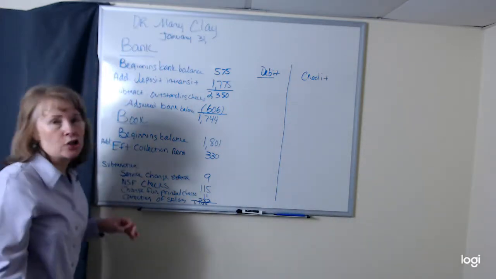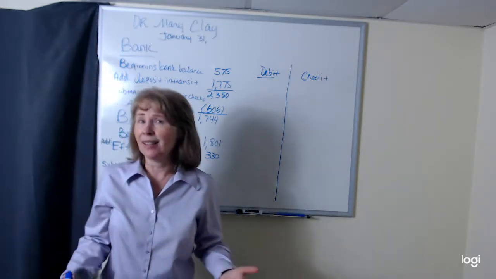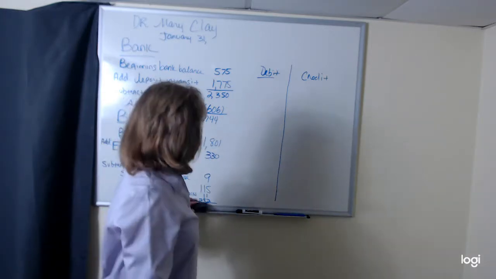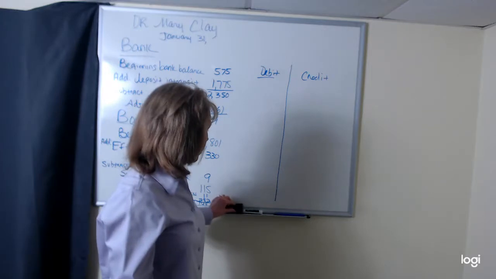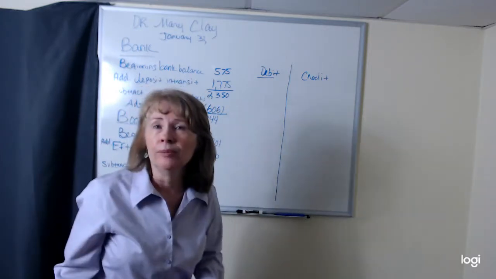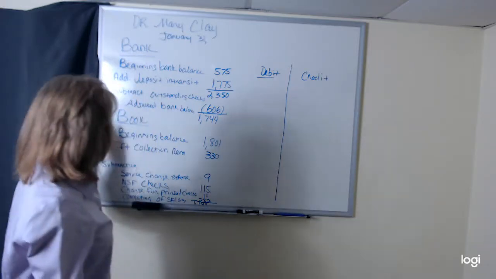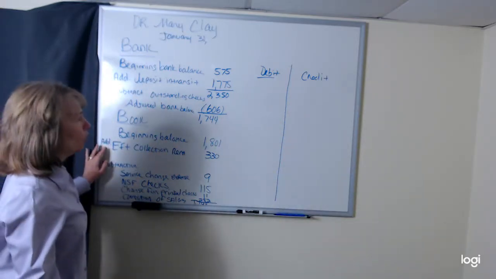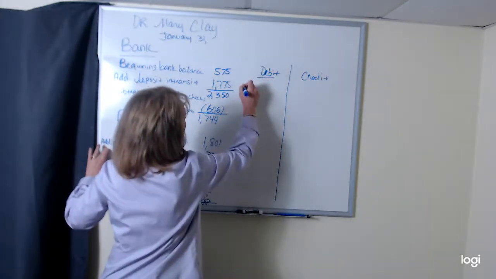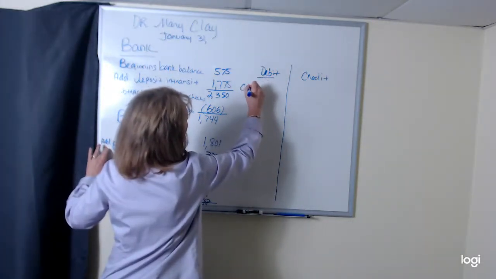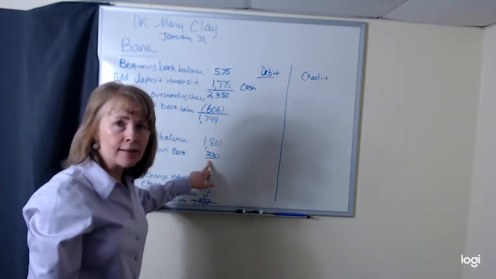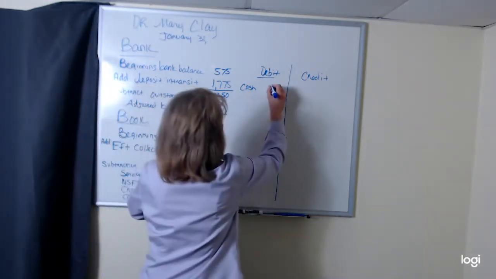EFT rent collection. Well, in that case, they're the landlord. So rent is good to them. So rent, we're going to learn, one side will be revenue. Okay? So again, it's an addition. So I go over here and I debit cash. For how much? I work right from my reconciliation, $330.